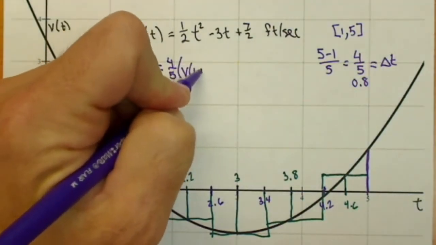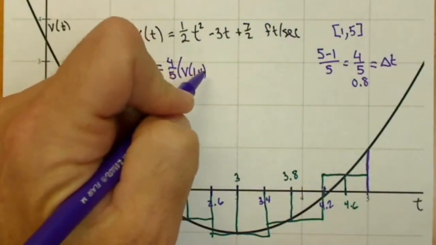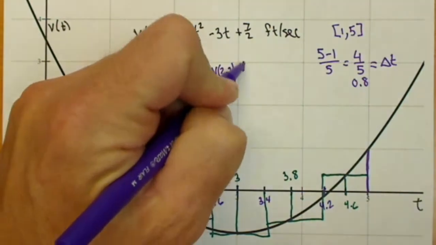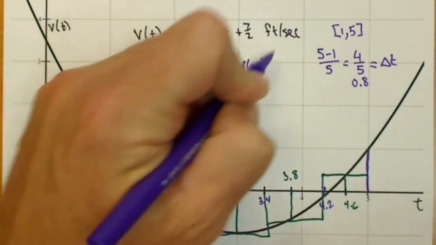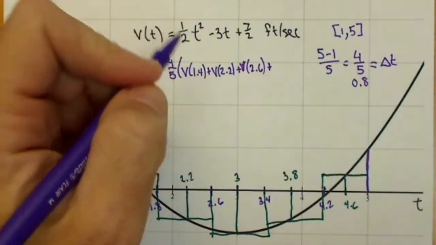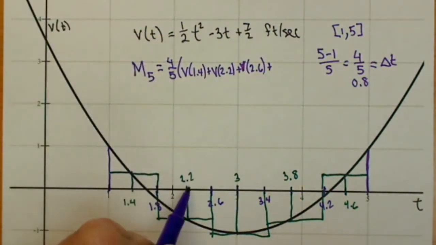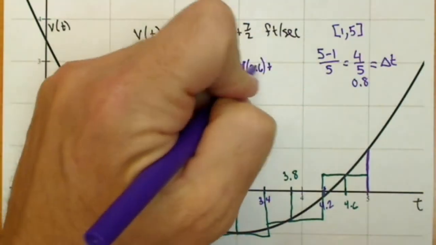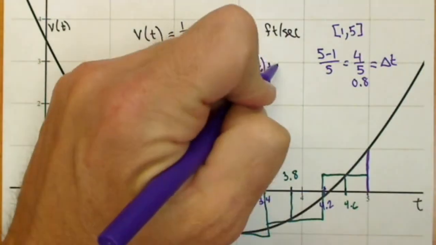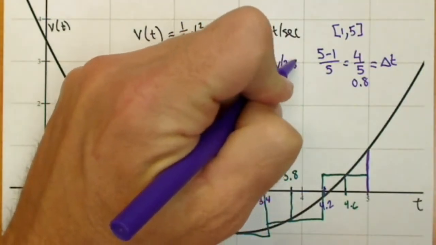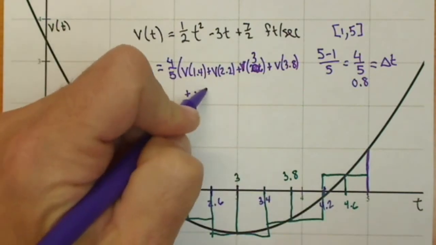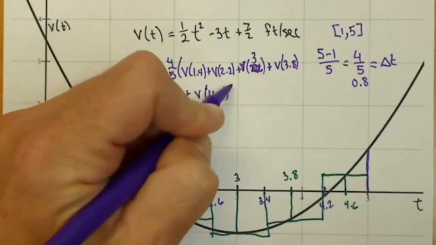So v of 1.4 plus v of 2.2 plus v of 3, plus v of 3.8 plus v of 4.6.